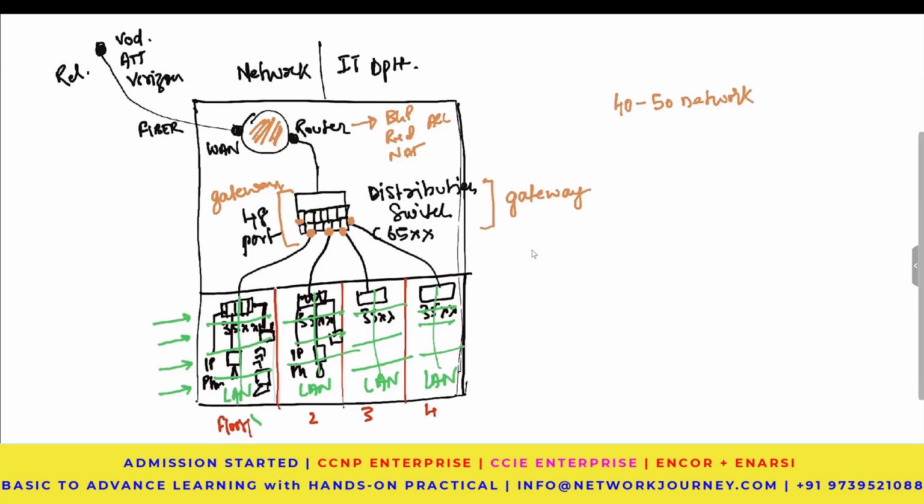Say, for example, if you open up one PC here, it will have IP address 192.168.1.100, and the subnet will be, let's say, /24, which is 255.255.255.0. And the third component is the gateway. Now, gateway is what? Gateway is that distribution switch interface IP.